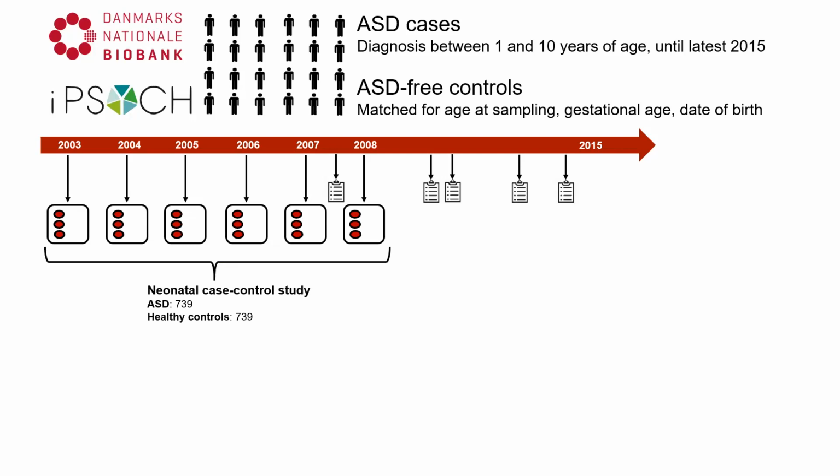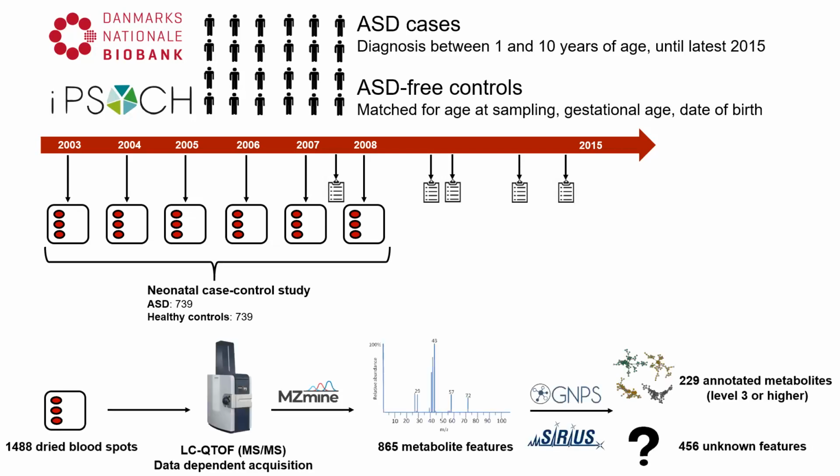So in total, we analyzed 700 or so cases, each with a matched control, which ended up being close to 1,500 samples that we analyzed using our LC-QTOF system. We use data-dependent acquisition, which you already heard about this morning. Our pre-processing was done using MZmine 3, which you will hear all about tomorrow in detail.